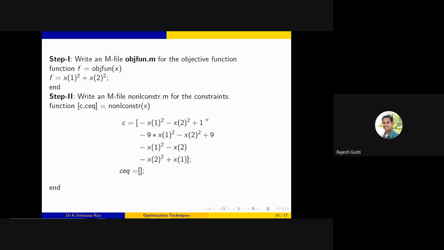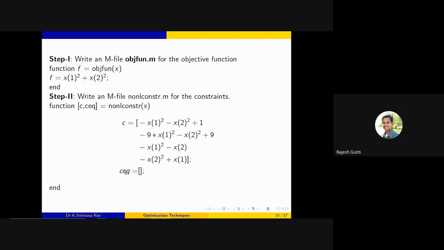Because of the space constraint, I entered them one by one. We can enter the first equation semicolon, second equation semicolon, third equation semicolon, fourth equation, close the bracket, semicolon.